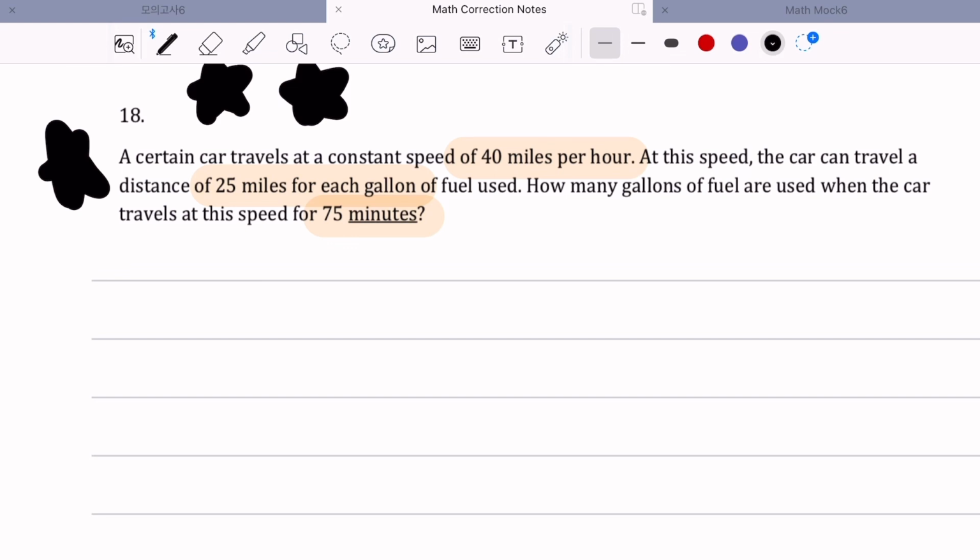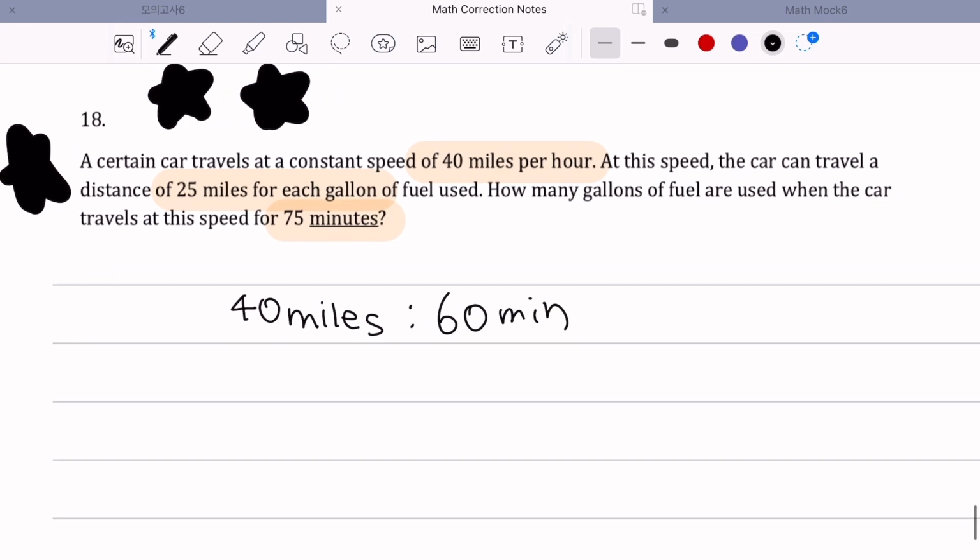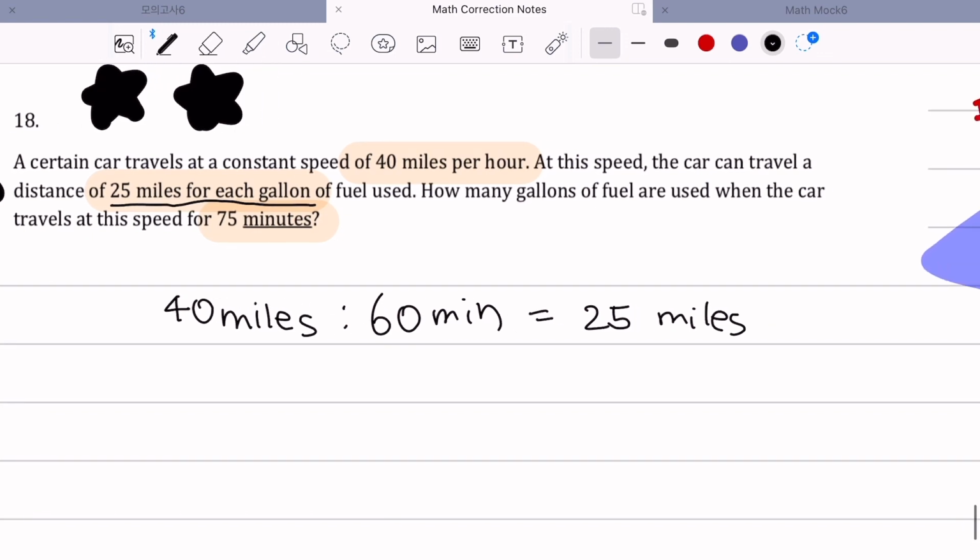So at 40 miles, it runs an hour, which means 60 minutes, right? Then we know 25 miles is used for 1 gallon, but then how many minutes does it take for 25 miles? Let's put that value as x.